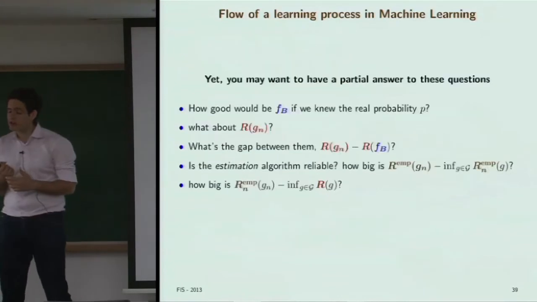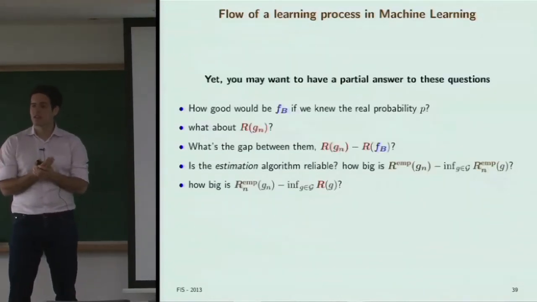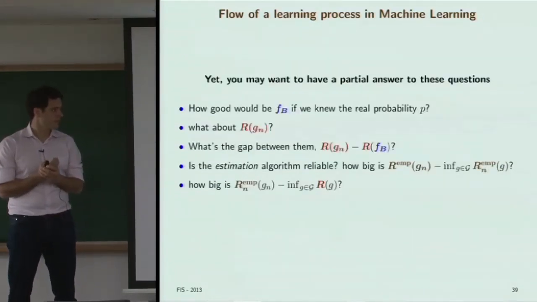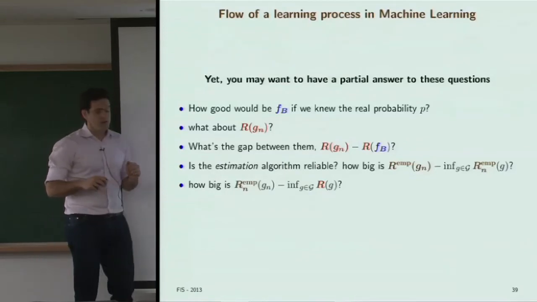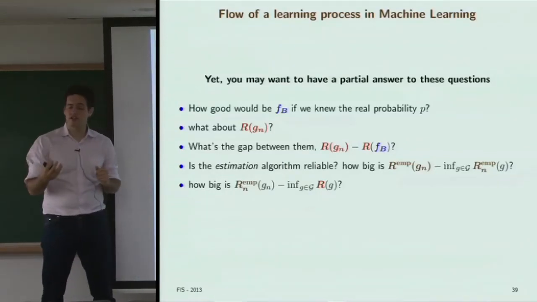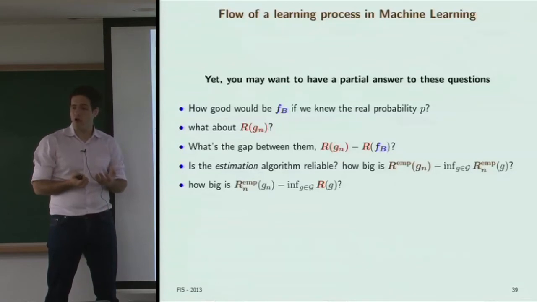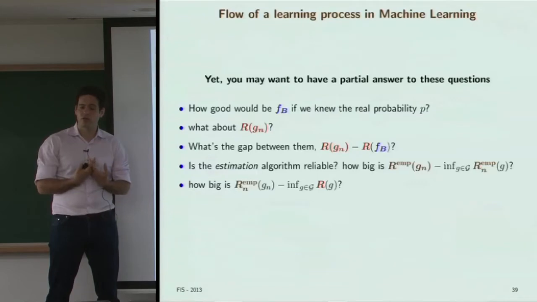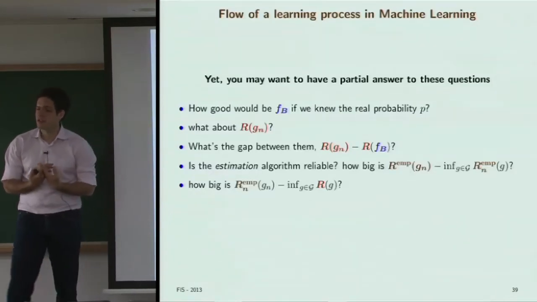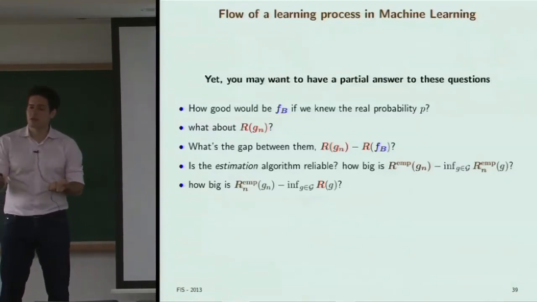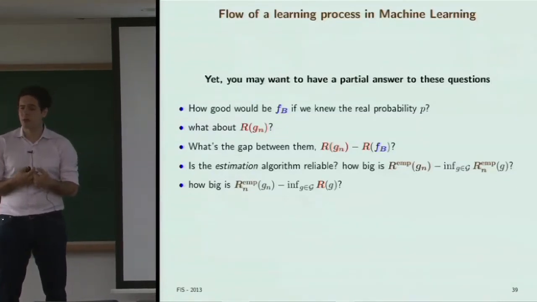So what are the questions that you might want to ask in that case? If you take a function Gn, this is your answer. Maybe you would like to know how good you could have actually performed if you really had access to the real probability? That's an important question. For instance, sometimes you will run an algorithm on a problem which seems very hard to learn.